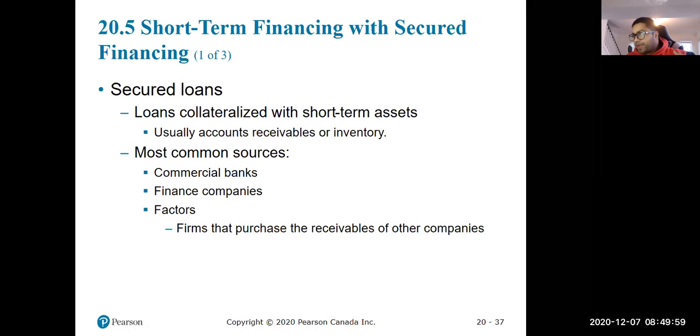If you do not pay, the bank can recover that money from customers, or, in case you don't pay, the bank takes over your inventory. Most common sources are commercial banks, finance companies, or factors. These are firms that purchase the receivables of other companies.